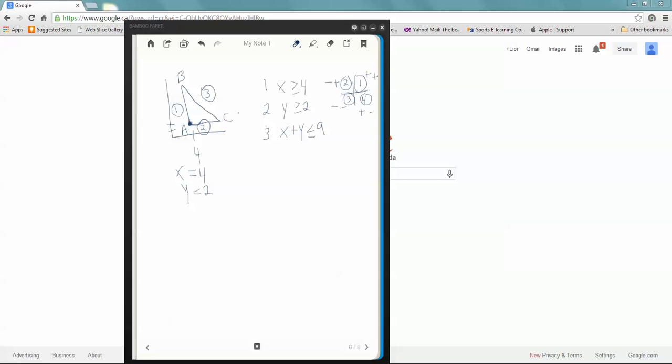In the case of x, you'd make a vertical line. Greater than or equal to, obviously you're shading above with the y's. X is greater than or equal to 4, you're shading to the right. So the answer is simply 4, 2, and for the purposes of the answer, it's C.